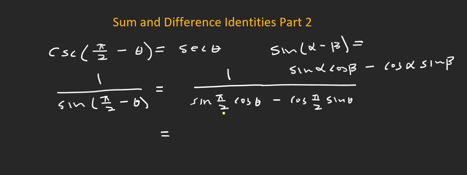What is sine of pi over 2? That's 1. And 1 times cosine theta is cosine theta. What is cosine of pi over 2? It's going to be 0. And 0 times sine theta is 0. So you're going to end up with 1 over cosine theta. And what is 1 over cosine theta? Well, that is secant theta. And that's what we have to show.